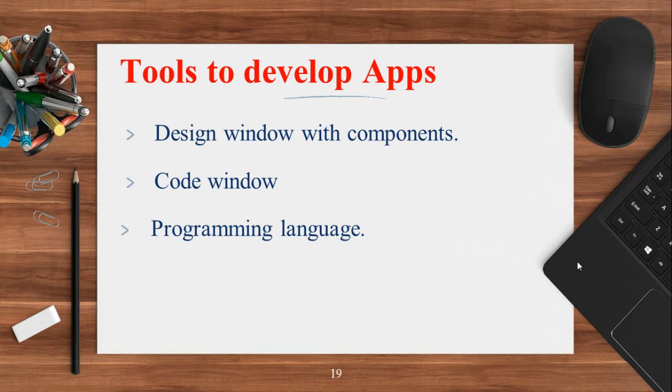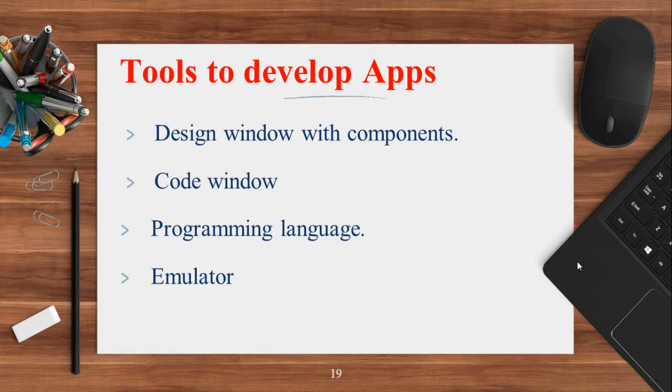Don't forget about this Android software development kit. Okay. So now using these two types of programming language only, we are going to design and code to develop an application. You all know now what the tools to develop applications are. Okay. So once I create an application, once I finish my coding part, what should I do? You have to check whether your code is executing or not.